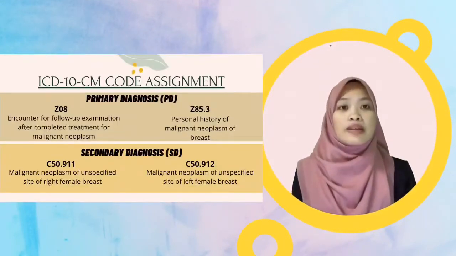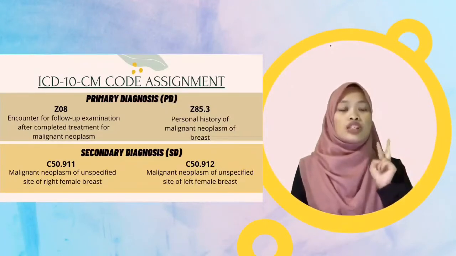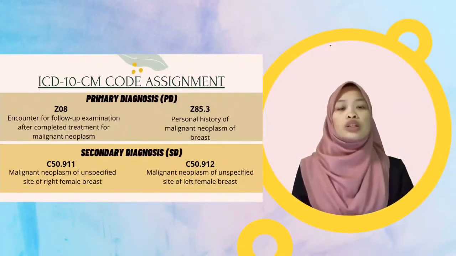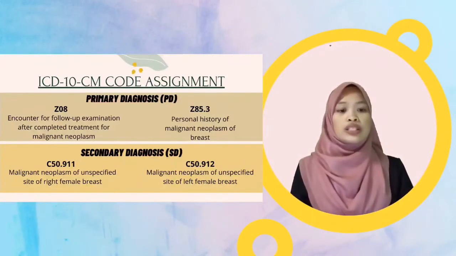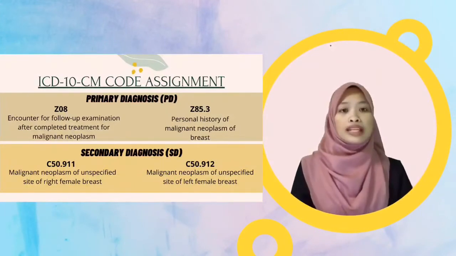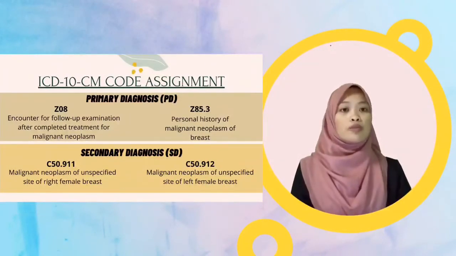The code that can be assigned in this case for the PD has two codes that are suitable. First, Z08, which is encounter for follow-up examination after completed treatment for malignant neoplasm. Second, Z85.3, personal history of malignant neoplasm of breast.